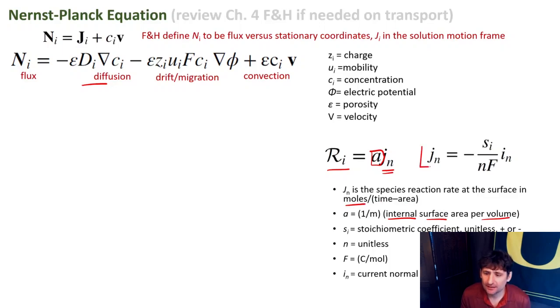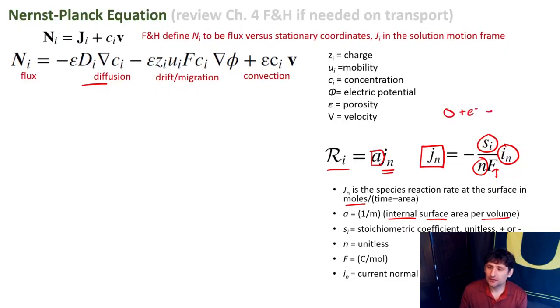The rate of the chemical reaction is just given by the interfacial current, which we defined earlier, the microscopic current per unit area, times the stoichiometric coefficient of the reaction, and n the number of electrons in the reaction, in Faraday's constant. You can work yourself out why this is, but it's simple balancing of an electrochemical reaction.